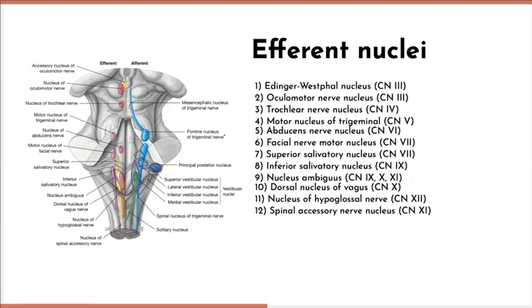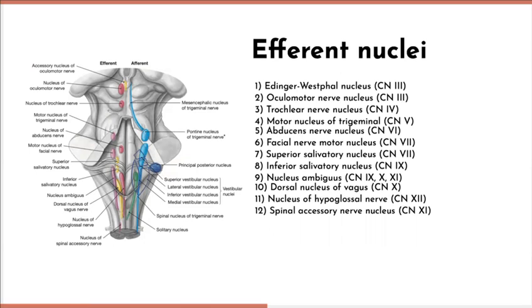The second one, we have cranial nerve 7 nuclei, which is facial. These innervate the muscles of the second pharyngeal arch, and these are basically the facial expression muscles. Then we have the nucleus ambiguus, which gives off fibers that contribute to 3 cranial nerves.